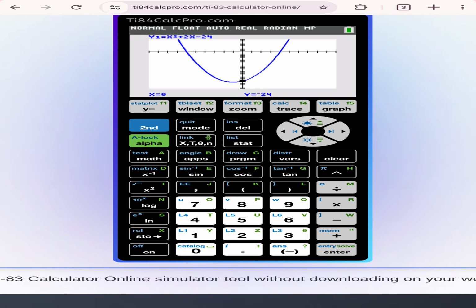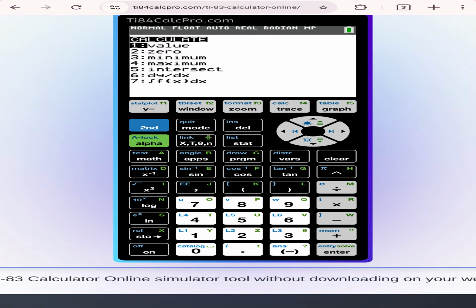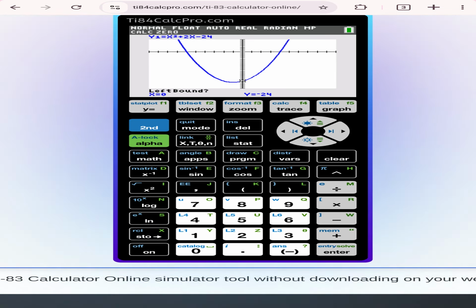So that's when you have to remember that another name for x-intercept is zero. So I'm going to go down to number 2 here and press enter. Then, when it asks for left bound, right bound, it depends on what's happening with your line. When I'm looking at the left-hand side and I have this negative slope, left bound is going to be above my x-axis. It doesn't really matter where you have it as long as you have it above.